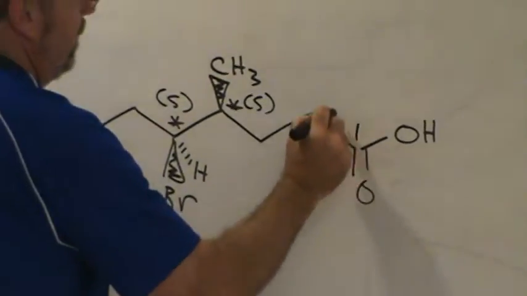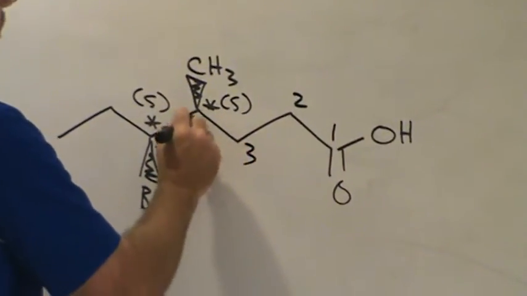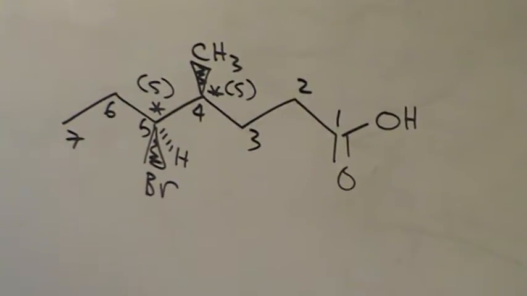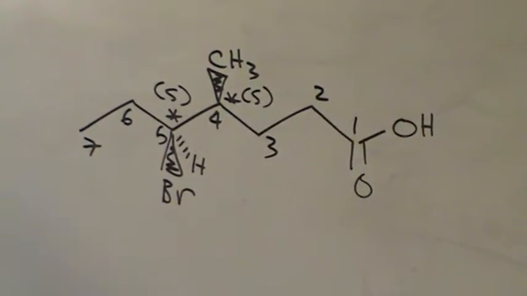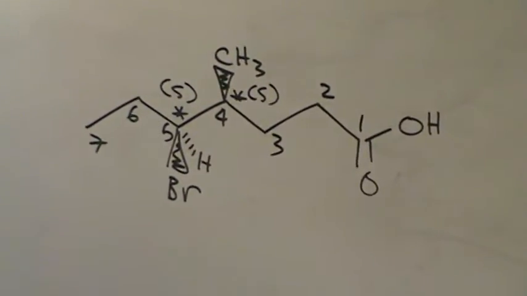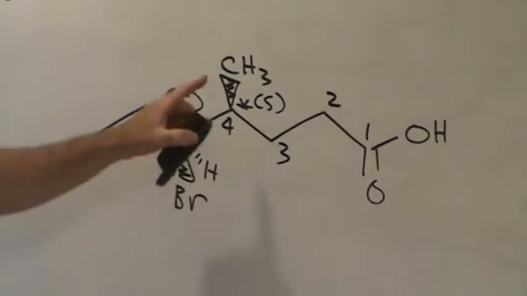So I would go ahead and name this by first numbering this longest chain. This is going to be a heptanoic acid, heptane minus the E plus oic acid, but it's going to have a bromo and a methyl.